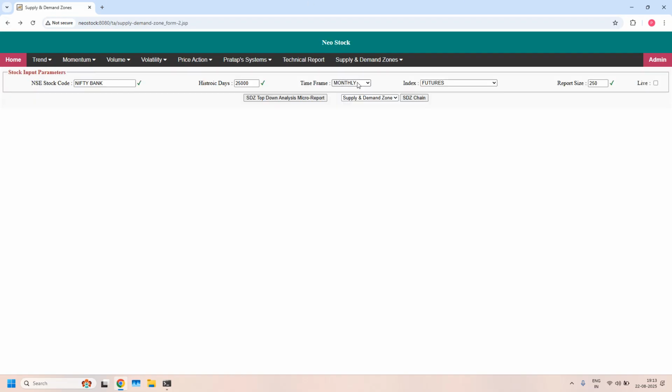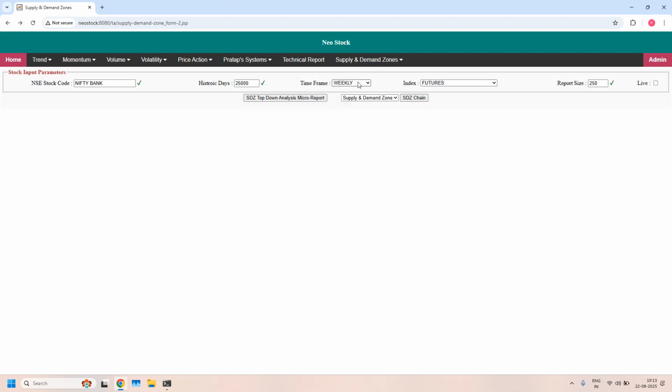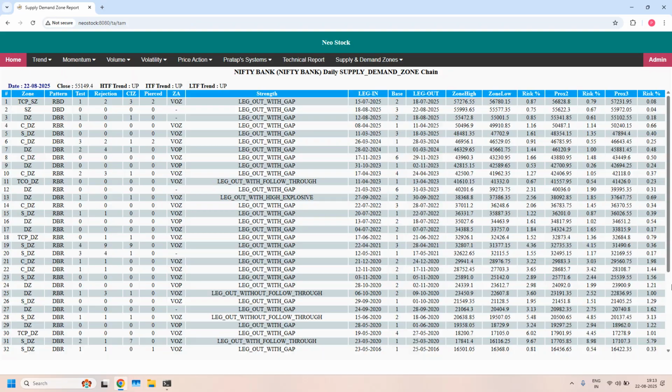Next, generating weekly supply demand zone chain for BANKNIFTY. Next, generating daily supply demand zone chain for BANKNIFTY.